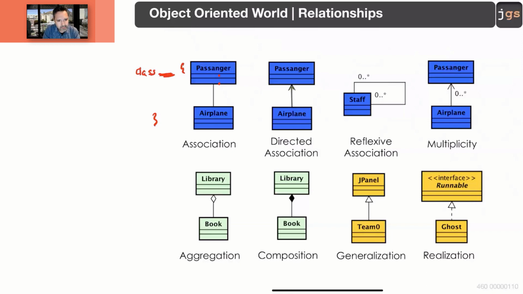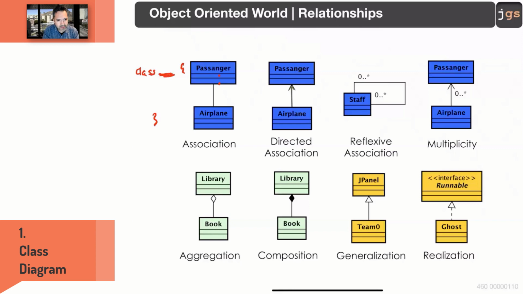The variables, you know what to do with them, and the methods, you know what to do with them. The content of the class. The picture of the class in a diagram is just a rectangle, and you put there the name, the variables, the methods, you are done.